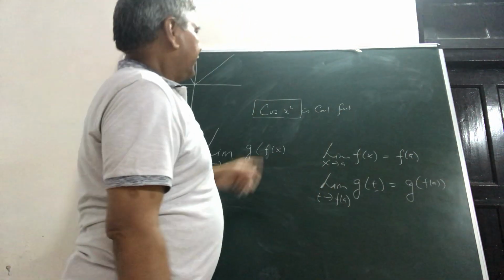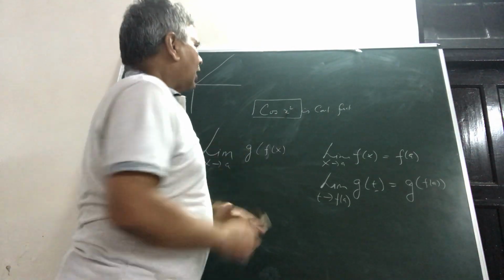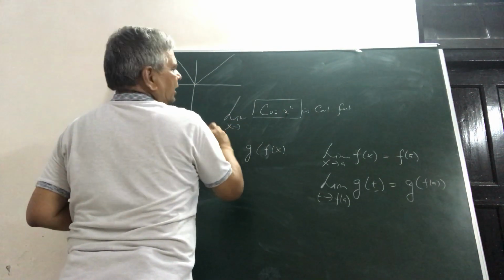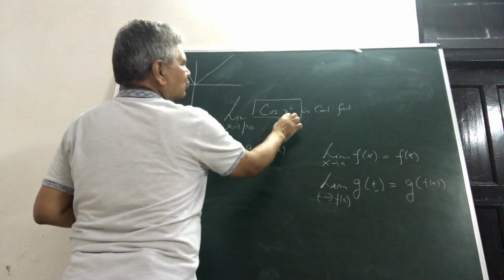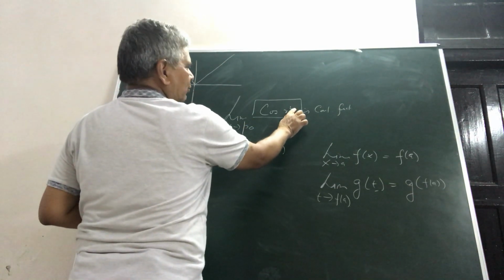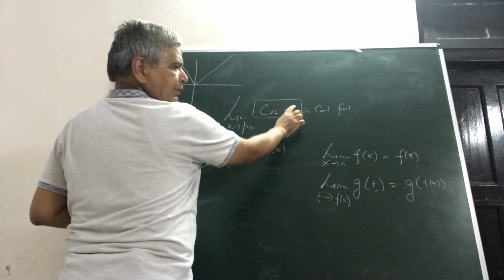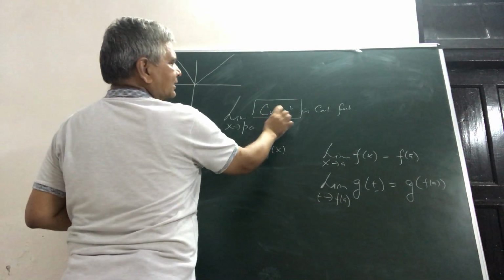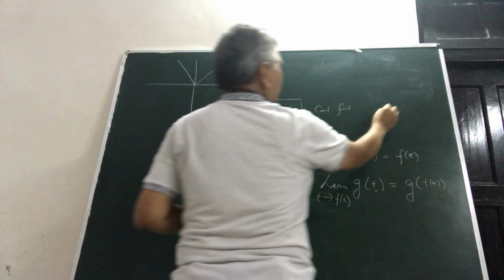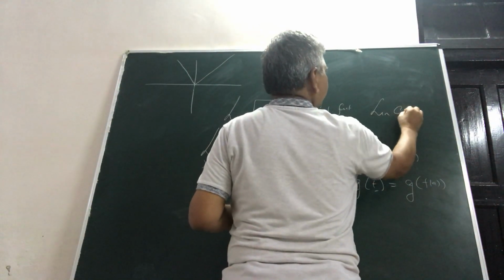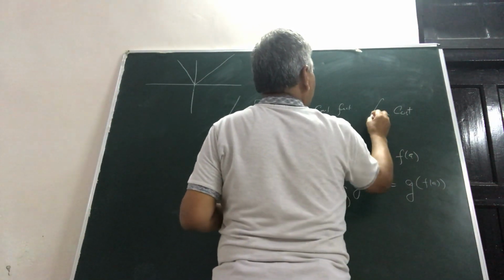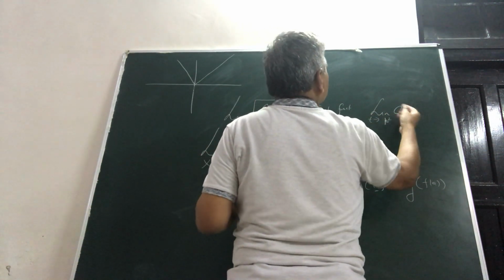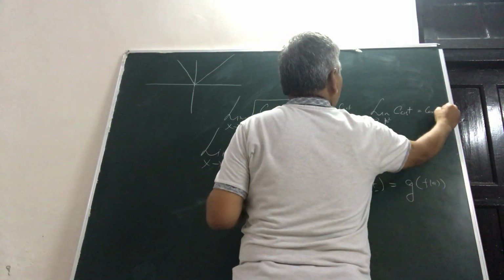Now suppose you have to determine limit x tending to say p naught, so x square will be p naught square, the internal function. And the external function will be what? At x square I put t, so limit cos of t, and t tends towards where? p naught square. So it should be cos p naught square.